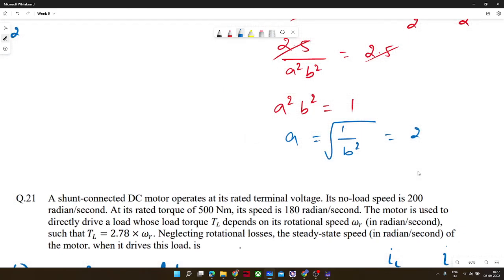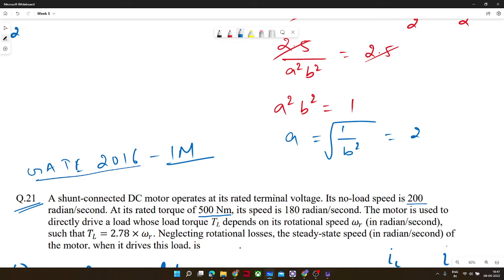So you are able to see the problem, I guess. Question number 21. It also appeared in GATE 2016 for 1 mark. It is saying a shunt connected DC motor operates at its rated terminal voltage. Its no load speed is 200 radian per second, and its rated torque is 500 Newton meter.